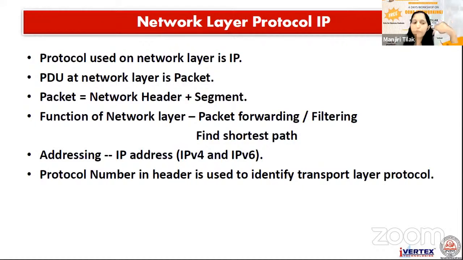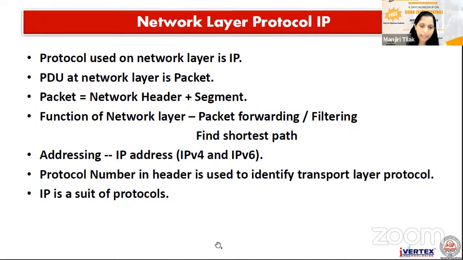Similarly, if you find protocol number 17 in the IP header, you must understand that the UDP protocol is used on the transport layer. Is that clear? Now, IP is not one protocol, but a suite of protocols, meaning IP has a number of protocols inside it.